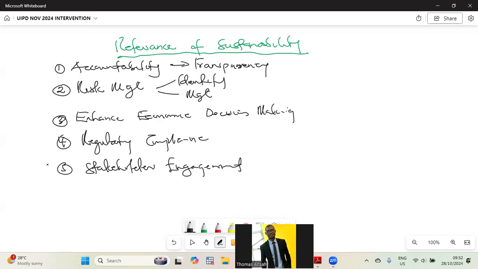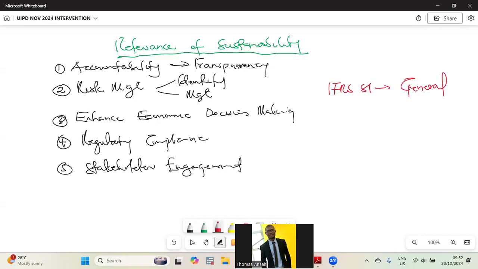So, ladies and gentlemen, what I can conclude for you is that there is IFRS S1, and there is a difference between IFRS S1 and S2. IFRS S1 is a general concept. It talks about the general requirements for disclosing sustainability-related information, like the 4 pillars.